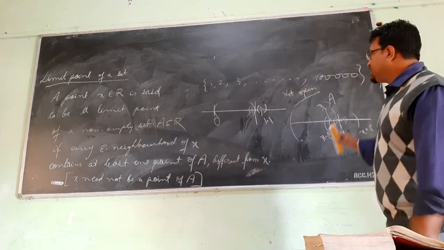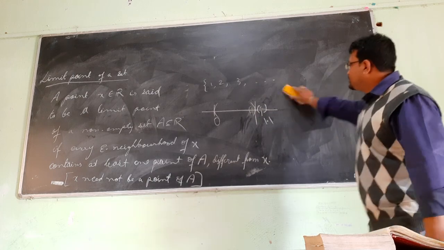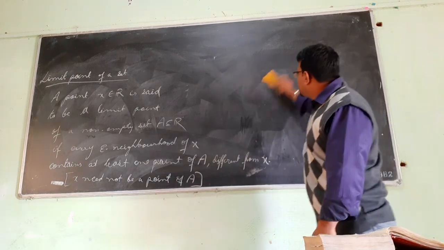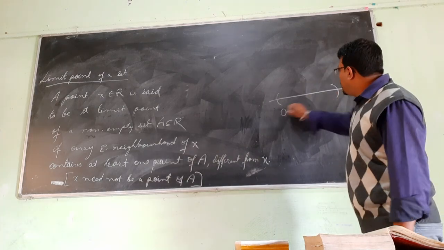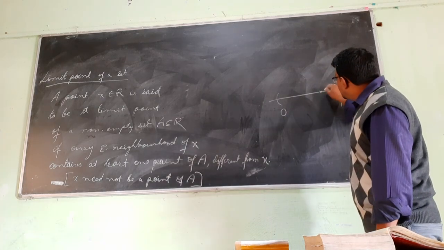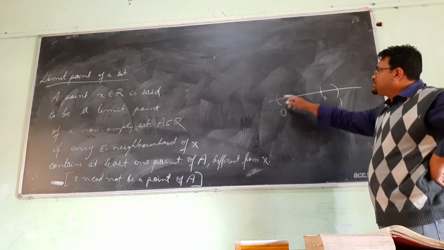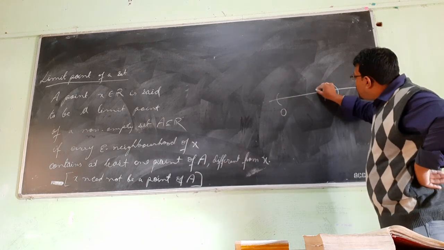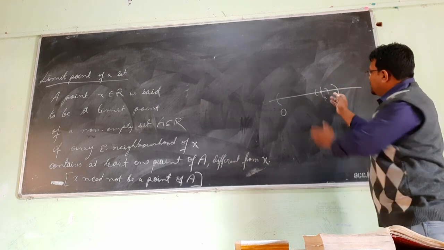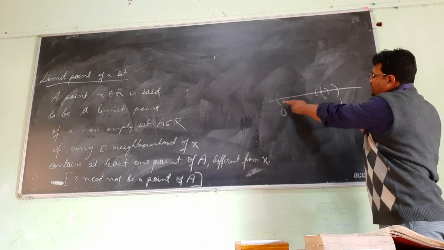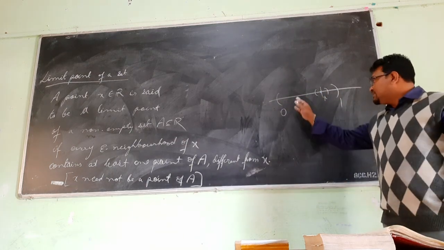Just a logical idea. The points inside this open interval are always limit points, because whatever interval you draw around them will contain points of (0, 1).